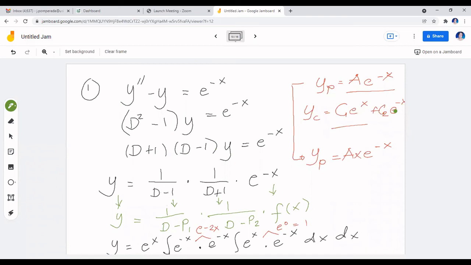Now, if you use the method of undetermined coefficients and you forgot to compare your particular solution to any of the terms that appear in your complementary solution, you forgot that these two are similar in form. So if you process your particular solution in terms of its derivative several times, you may wonder why it is that I cannot find the A?